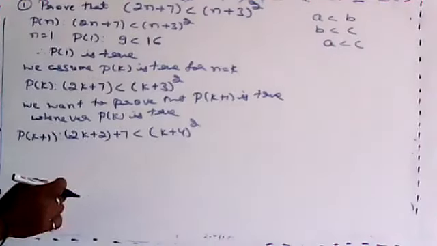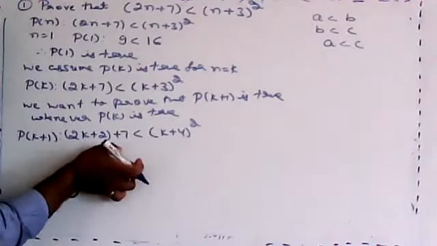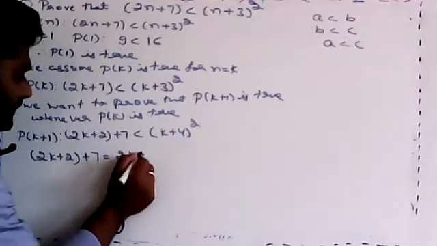Now listen carefully. This LHS term I'm going to take, 2k plus 2 plus 7. I'm rewriting this as 2k plus 7 plus 2. Both are the same only.